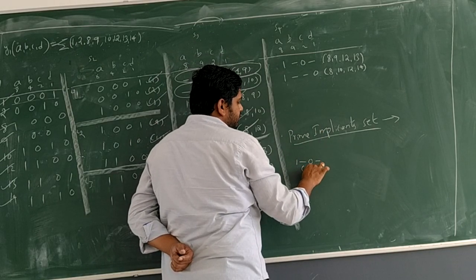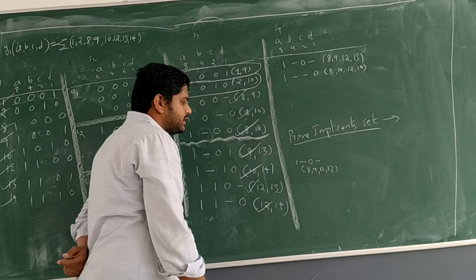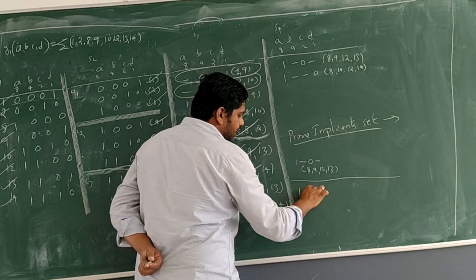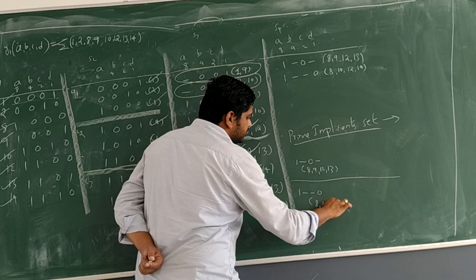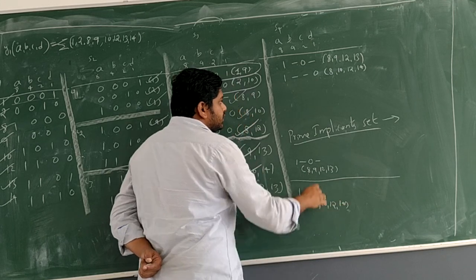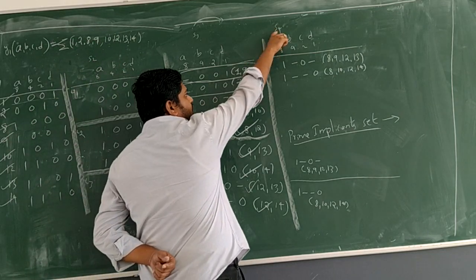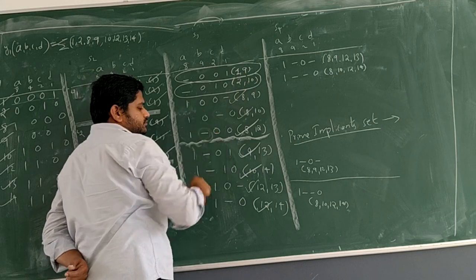What is its group name? 8, 9, 12 and 13. Second one, 1 hyphen 0, that is 8, 10, 12, 14. Here from step 3, set 1, 1, 9.